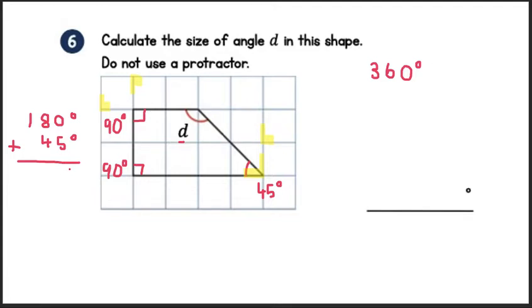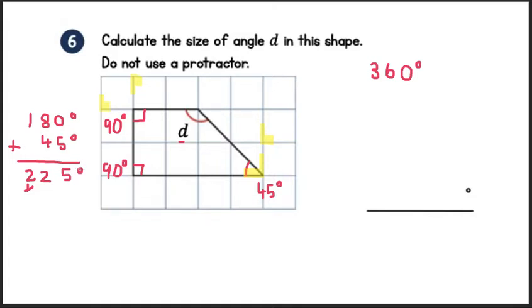Zero add 5 is 5. 8 add 4 is 12. 1 add 1 is 2. So I know that these three angles equal 225 degrees when you add them together.